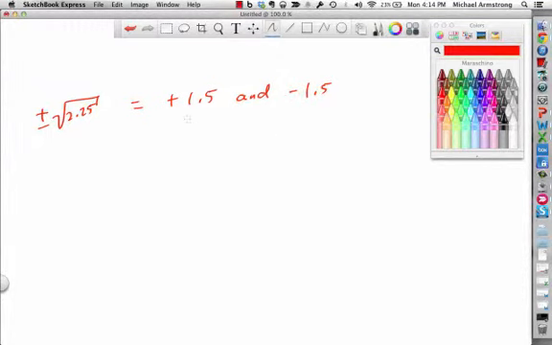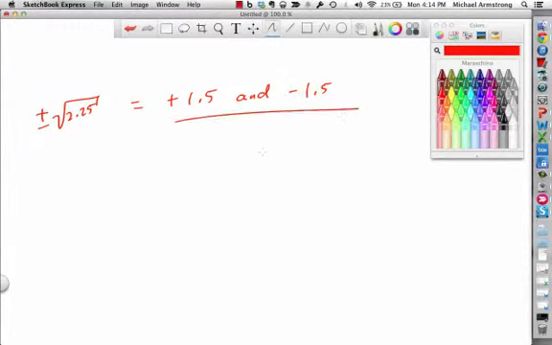So there's two answers there, and the book really wants us to recognize that 1.5 to the second power is equal to 2.25. So when we have a plus or minus the square root of 2.25, that comes out. But I'm thinking that calculators are really what we need when we have these decimals.